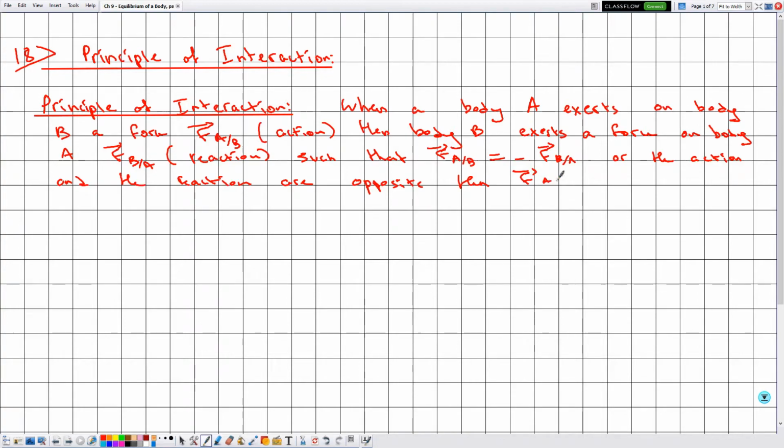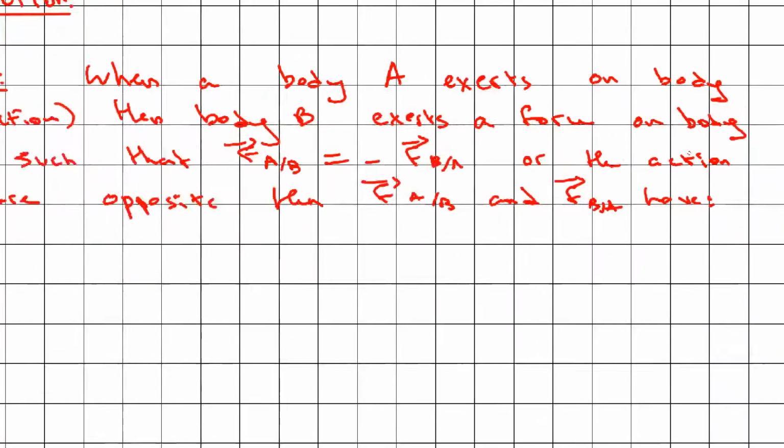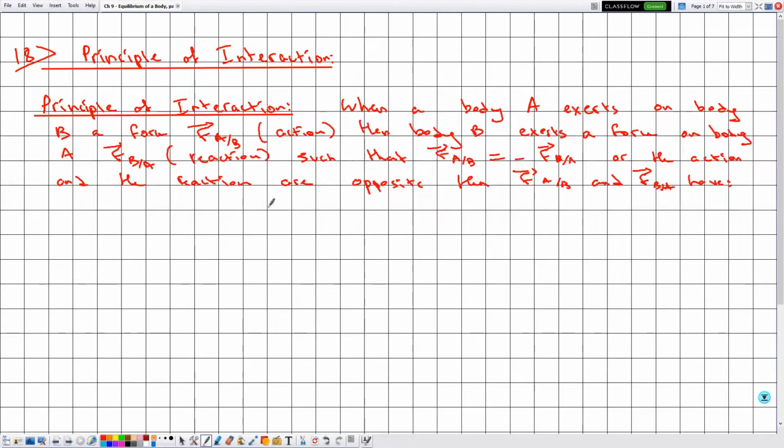So previously we have seen this equation, which gives us that they have the same line of action, opposite direction, and the same magnitude. So this is basically the principle of interaction.